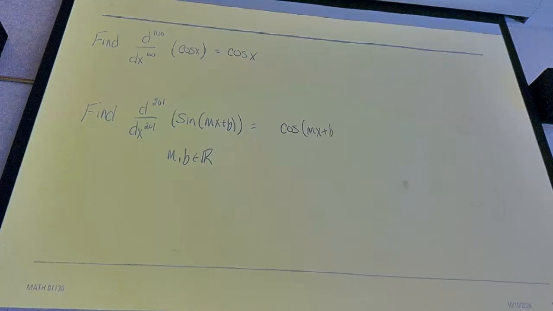I do agree there's a cosine of mx plus b. What's the coefficient? M to the 21st. Each time you take the derivative, you're multiplying by m, so you're doing it 21 times, so you're multiplying m 21 times. So you were close, except you were adding m. You were adding m 200 times.